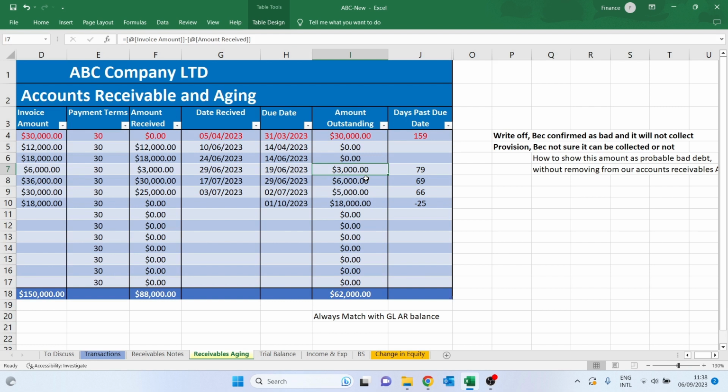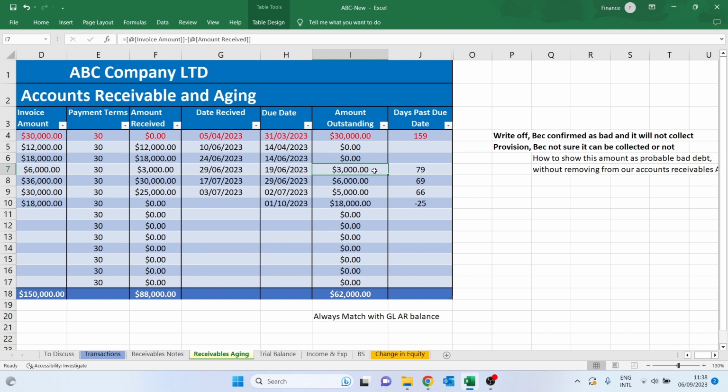We are not sure whether it will be paid or not. Okay, it is doubtful. So if the amount is doubtful, that one also we need to consider, and how we are going to book this.